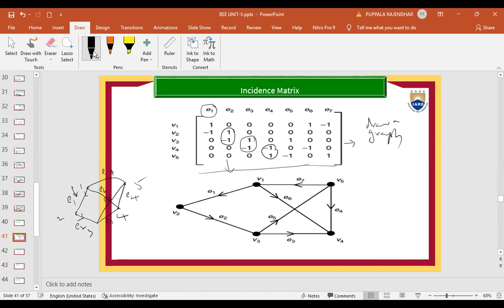Now E3, we are having +1 at the third node. For E3, +1 at the third node means it is away from the node. E4, +1 is at node 5. For E4, +1 means it is away from the node.